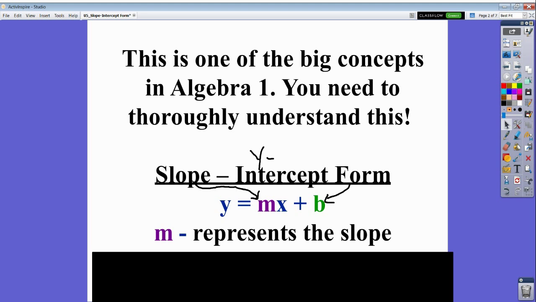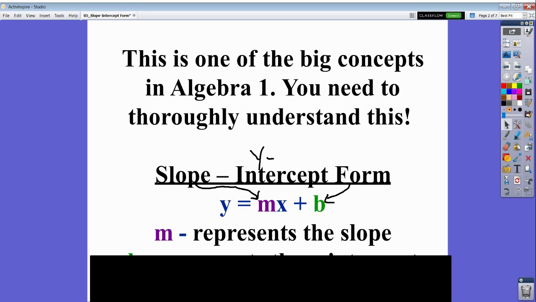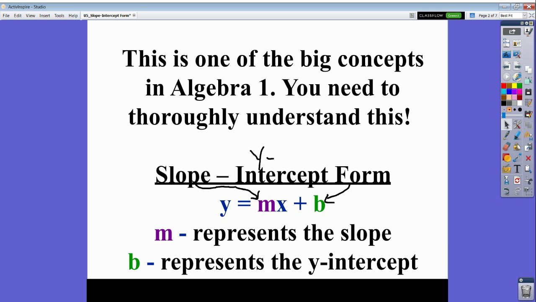Again, m represents the slope, b represents the y-intercept. I've already said it 3 times, and I'll probably say it an additional 3 times before the end of this video. So please remember that slope is the m, y-intercept is the b.